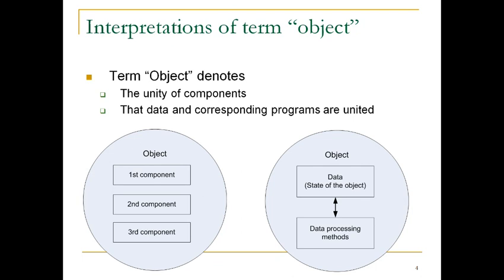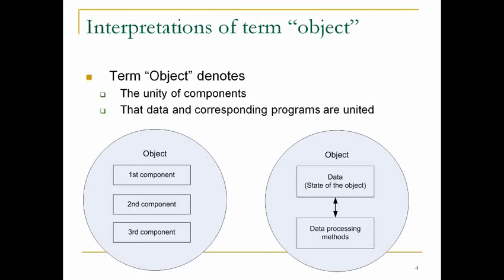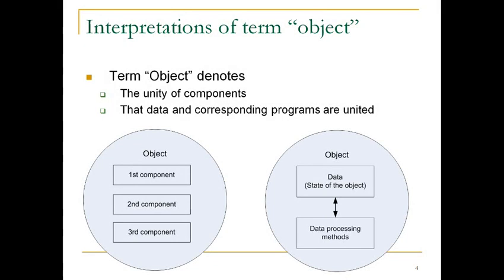And what is an object? Why is it so rational and why is it so good? These two things are the main ones. The first thing is that it denotes the unity of components. If we have something that we want to be processed as a whole thing consisting of several components, in the object-oriented approach we can do it.